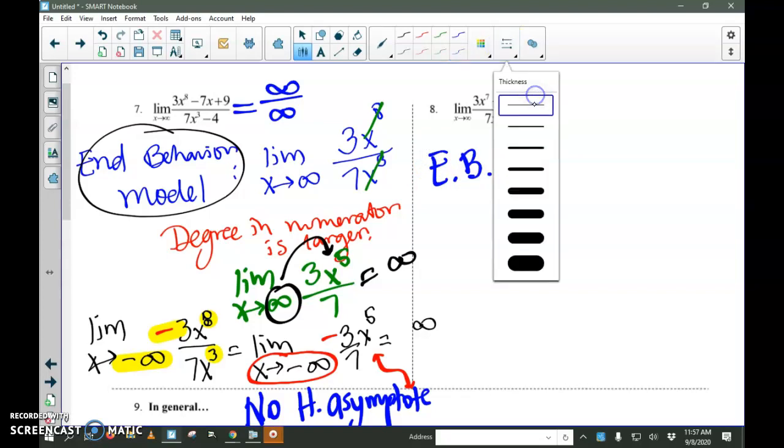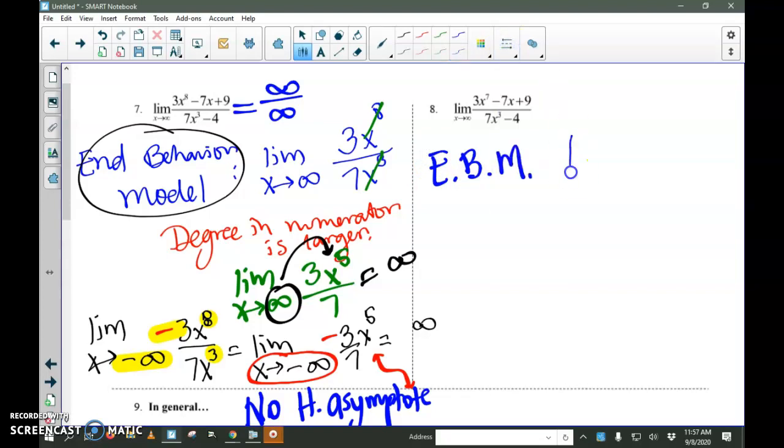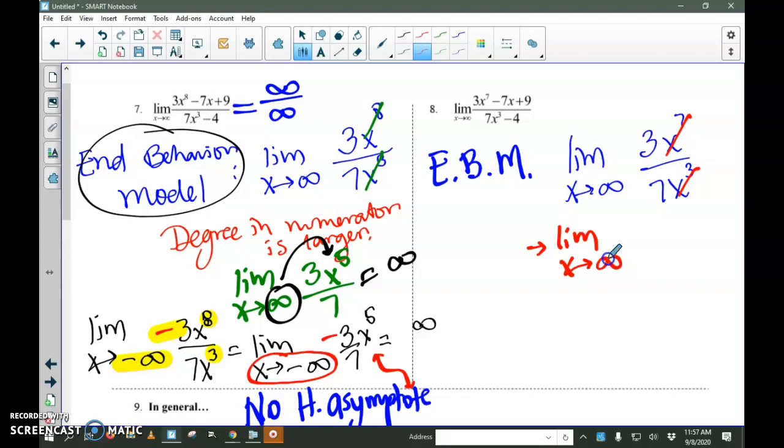And when I look at that end behavior model, I'm looking at the limit as x approaches infinity of 3x to the 7th over 7x cubed, okay? And again, I can simplify this like we had done previously. This becomes the limit as x approaches infinity of 3x to the 4th over 7.